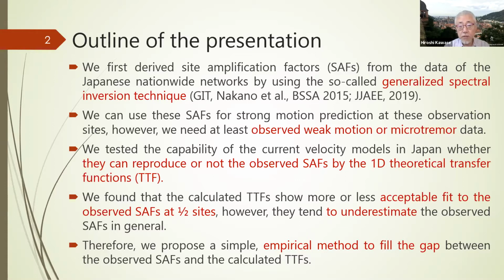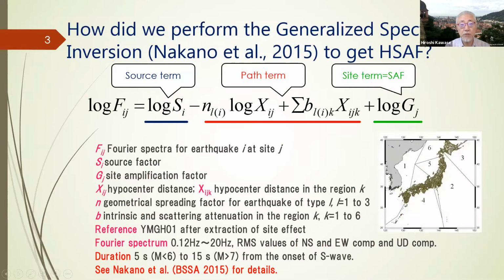However, they tend to underestimate the SAF in general. Therefore, we propose here a simple empirical method to fill the gap between the observed SAFs and the theoretical transfer function.